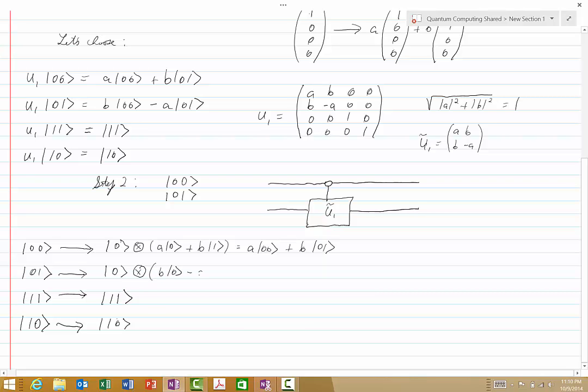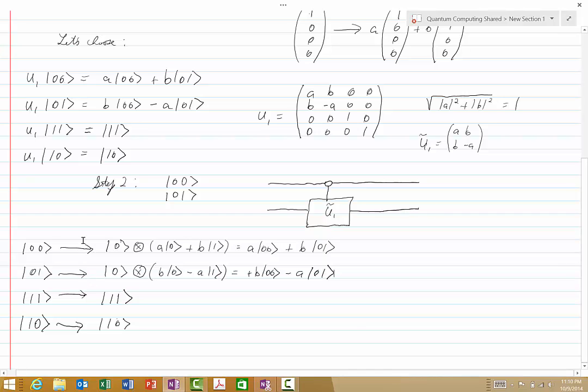So that will be plus B times 0, 0 minus A times 0, 1.